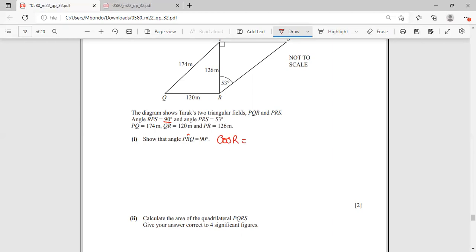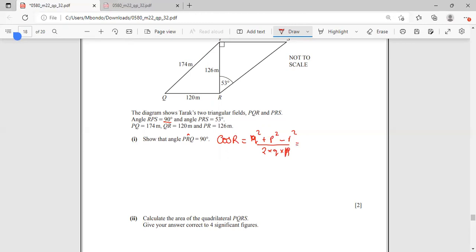It's going to be Q squared plus P squared minus R squared over 2 multiplied by Q multiplied by P here. So that's what we're supposed to do.